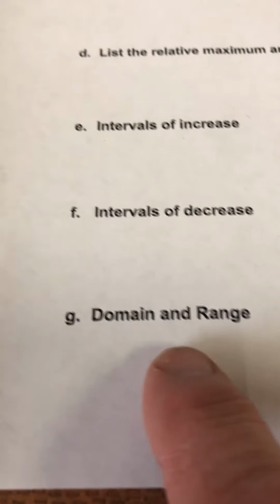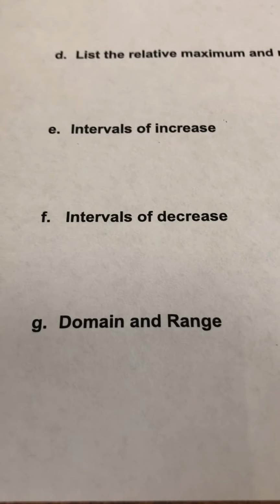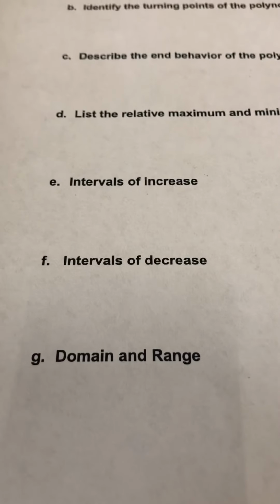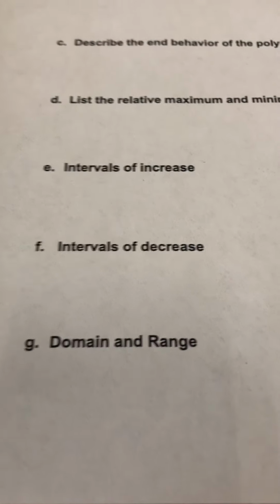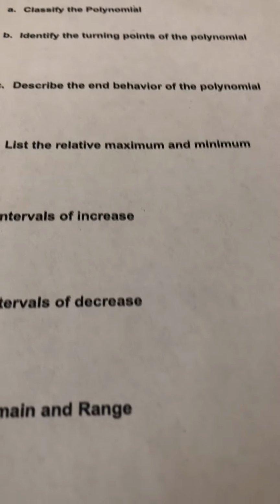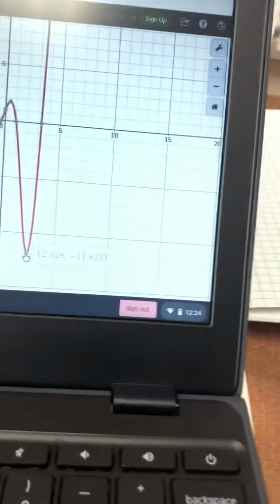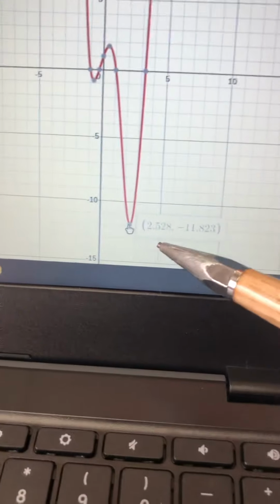And last but not least, here's a gimme, the domain and the range: all real numbers for both. All real numbers for the domain, all real numbers for the range. Well, actually, the range is going to be different on this one, because it goes back up.